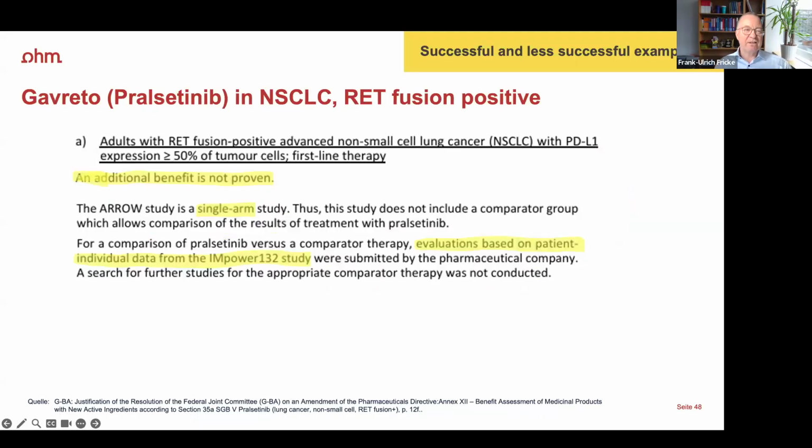Another example, not successful, is pralsetinib in non-small cell lung cancer. And here, no additional benefit was assigned based on a single arm study and a comparison against a trial arm.